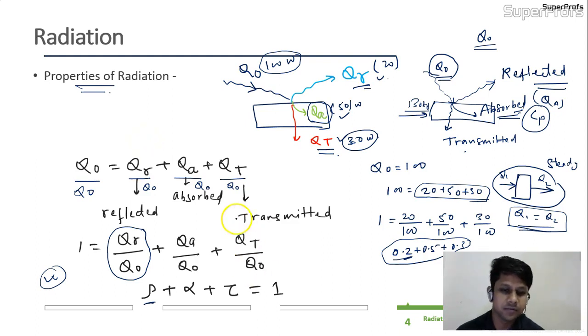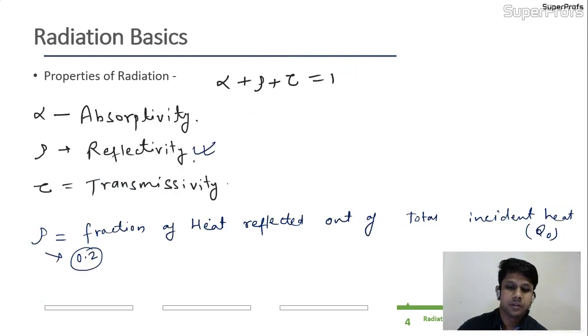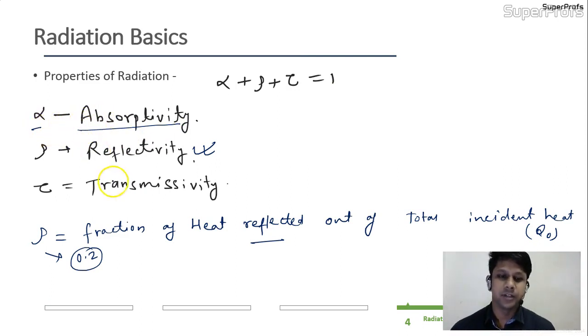And in our example, this alpha value. So what is alpha? This is Q absorbed divided by Q total. So alpha is the fraction of heat that is absorbed out of the total incident heat. So alpha is known as absorptivity. So alpha will represent the capacity of the body to absorb heat, right?